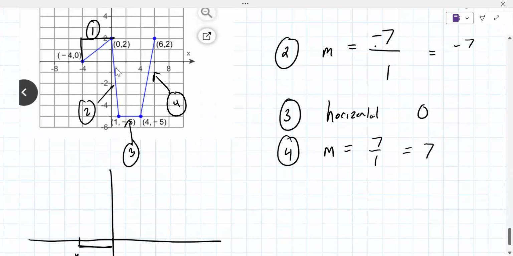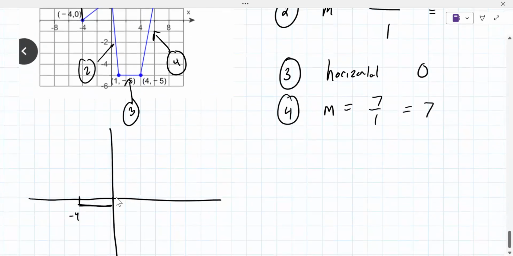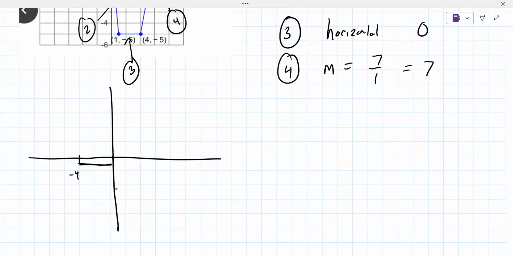In the second window, excuse me, I need my coffee, the slope is -7, so it's going to be way down here, open on each side. Then you have a slope of 0, that's a line at 0. And then you got a slope of 7 there. In its most simple form, you're just graphing the slopes in each of these intervals.